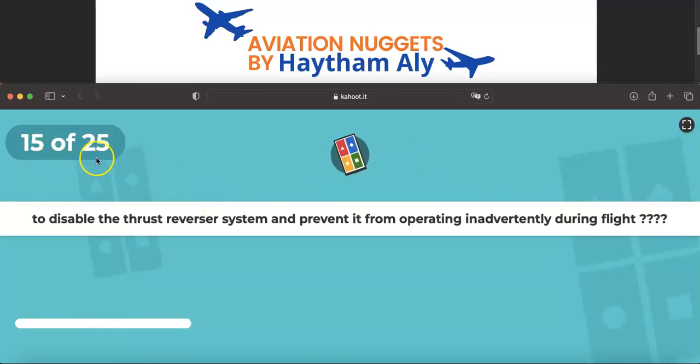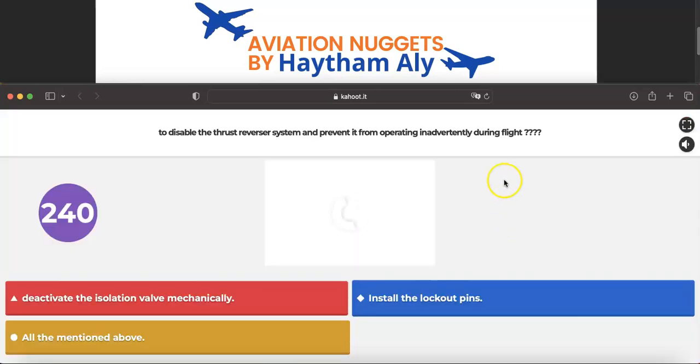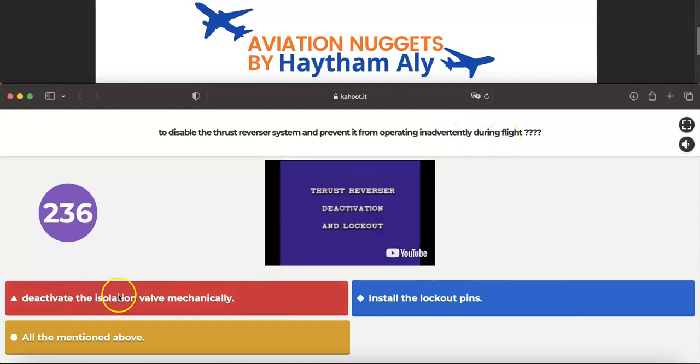Question 15 of 25. To disable the thrust reverser system and prevent it from operating inadvertently during flight, we deactivate the isolation valve, or install the lockout pins, or all the mentioned above.